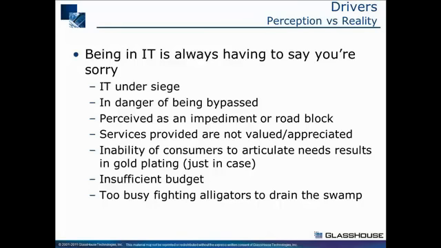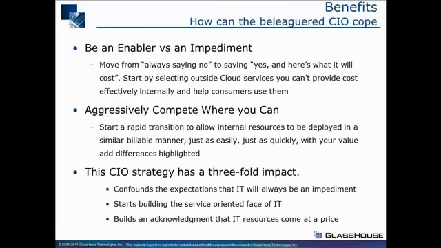So, in trying to address this really difficult situation, I think there is hope, there is light at the end of the tunnel, and it's not a train coming the other way. So the CIO can start a transition and move from always saying no to saying yes, and here's what it will cost.